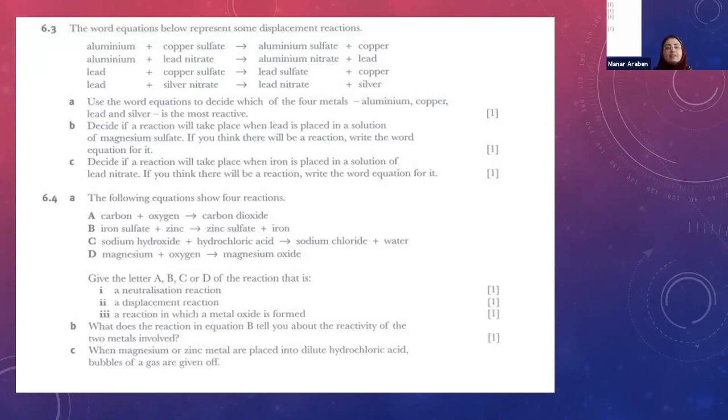The first one, aluminium plus copper sulfate produces aluminium sulfate plus copper. Do you understand what is meant by most reactive?